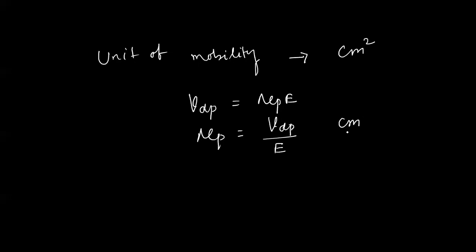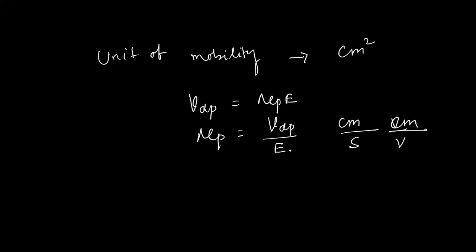The electric field is actually volt per meter, but here I am using centimeter. Electric field is V by d, so volt per centimeter, and the unit will be centimeter square divided by volt second.